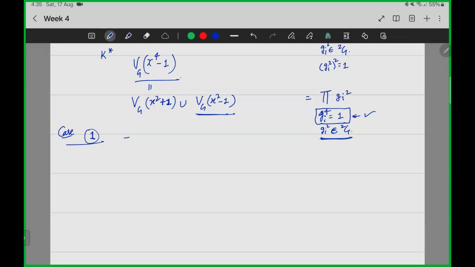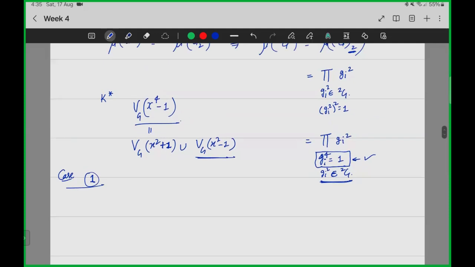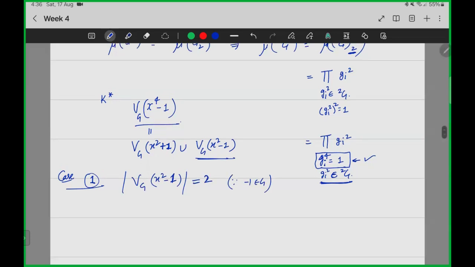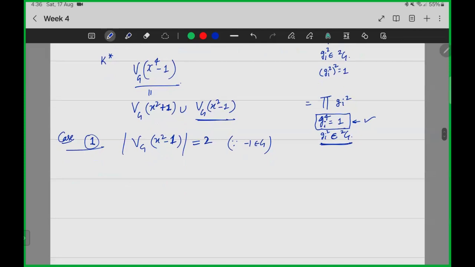So case 1, this has a solution inside. Okay, the order of this set x square minus 1 is 2, because minus 1 also belongs to G. But we are not sure if this has a solution.